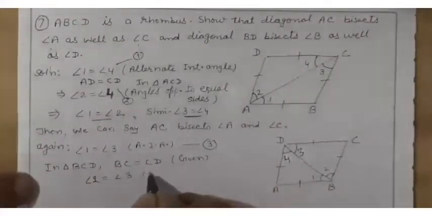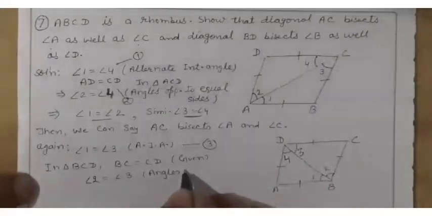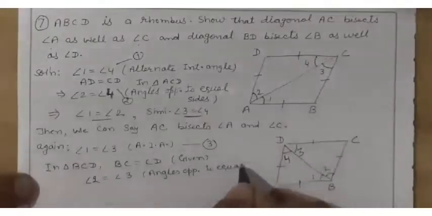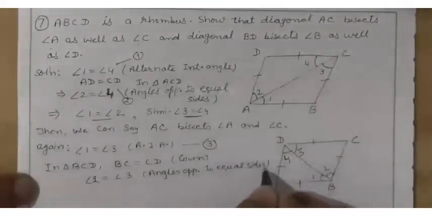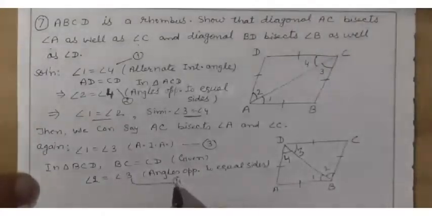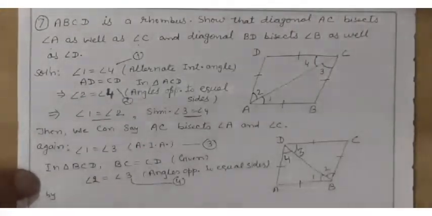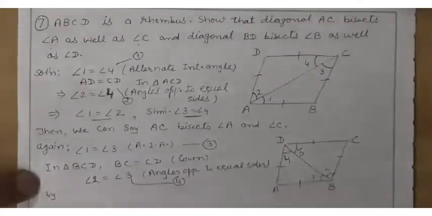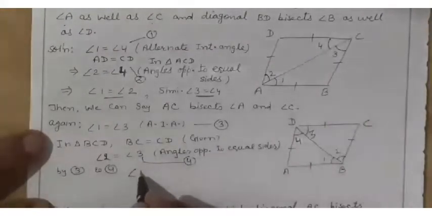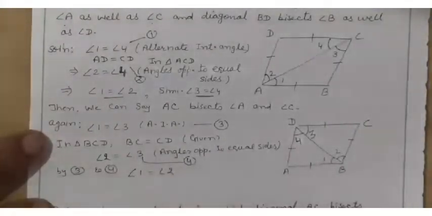And second, angles opposite to equal sides are equal. That is why this is equation number 4. Then by 3 and 4, what you can say? By equation number 3 and 4, see, 1 is equal to 3 and 2 is equal to 3. Then you can say 1 is equal to 2.